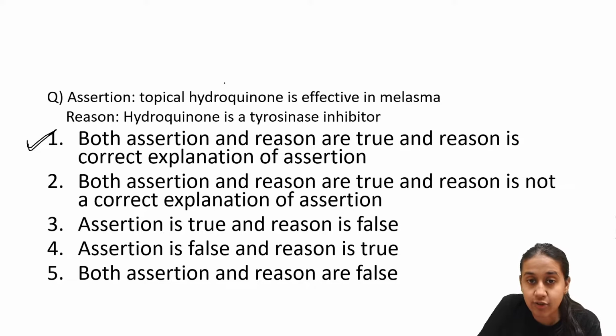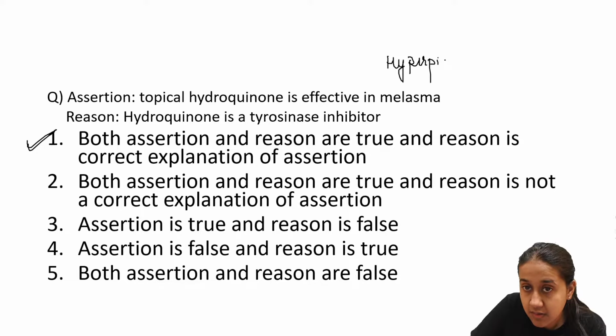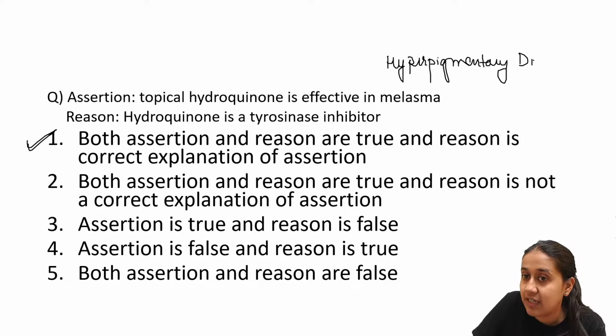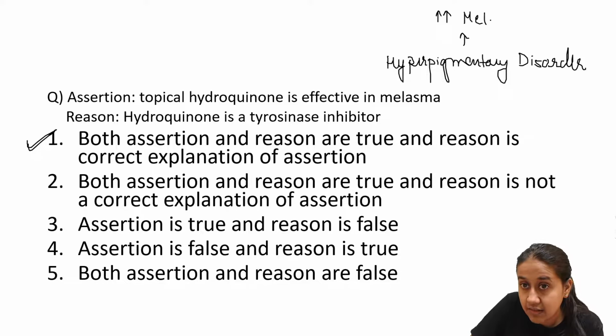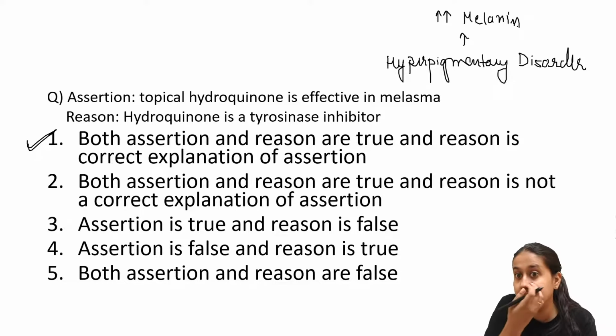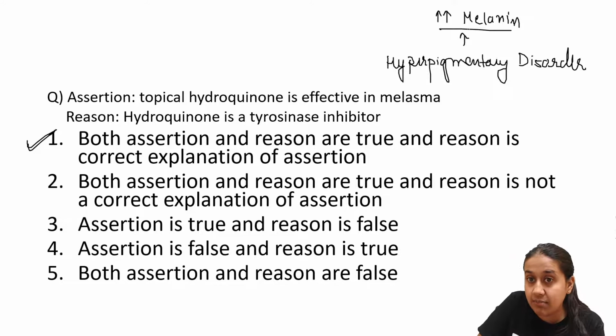Now, what is this hydroquinone? Melasma, which is a hyperpigmentary disorder. The reason for hyperpigmentation here is not increase in the melanocyte. Here you have increase in melanin. So what happens when the melanin increases?